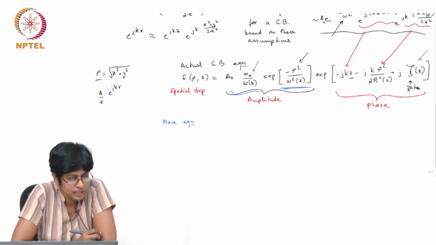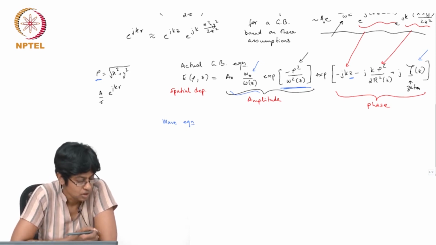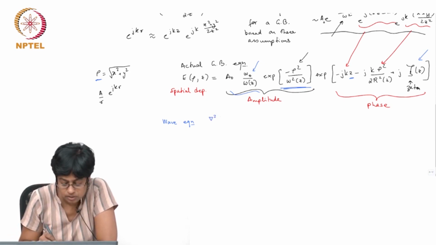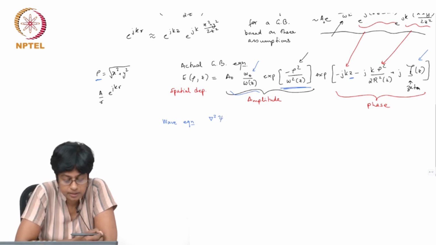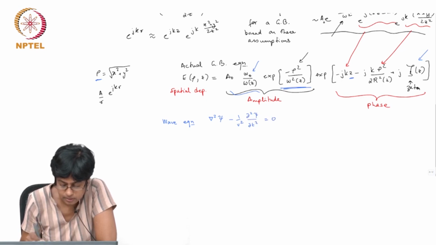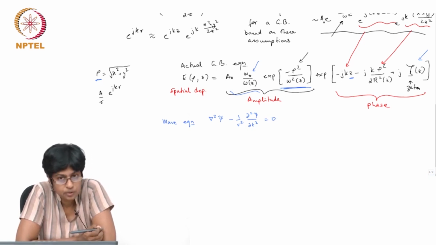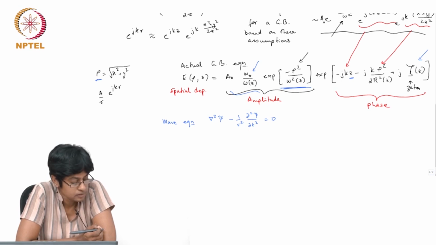The wave equation takes, of course, into account both the spatial and time variation of a wave. So it's the del squared operator. Let's say my wave is psi: del squared psi minus 1 over v squared, dou squared psi by dou t squared, is 0. Right? This is the original wave equation that we are solving.